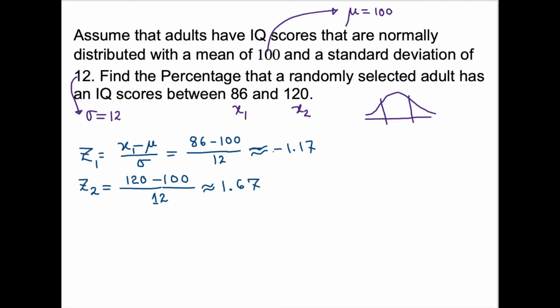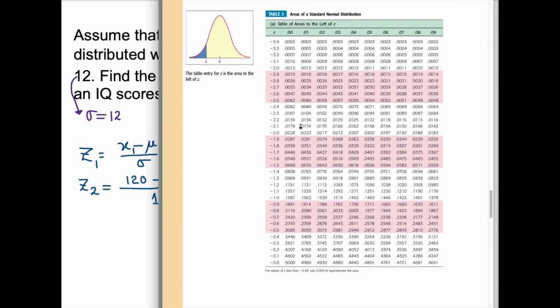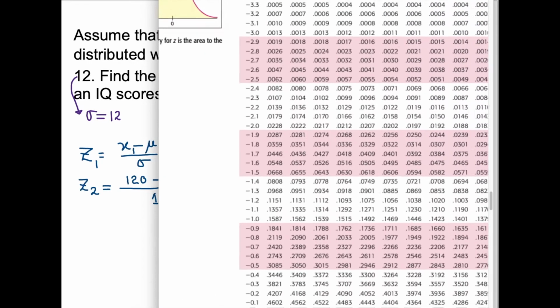So we have these two z-scores. Again, we're going to go to the z-table right now. The z-table has negative and positive sides. Negative 1.17, let's take a look at which one that is. This is the negative z-table. Let me make it bigger. Yeah, very nice.